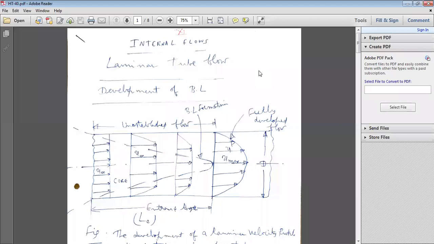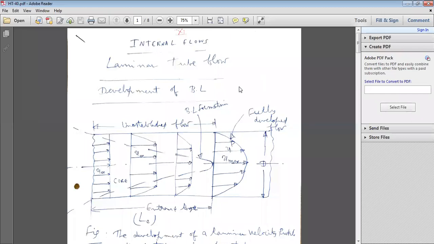Whereas internal flows are, for example, steam flow or water flow inside a pipeline or tube. If we consider a steam pipe in which the steam is flowing inside the pipe, that is an internal flow. The steam has velocity and temperature, so a boundary layer will be formed inside the tube also.